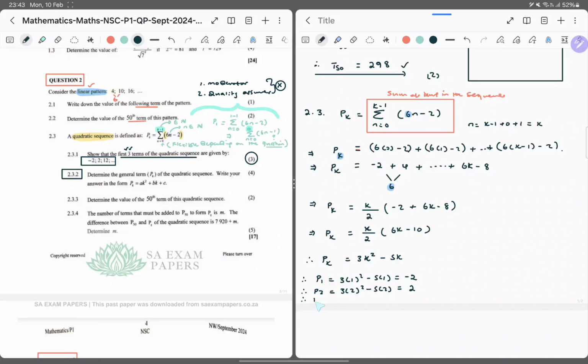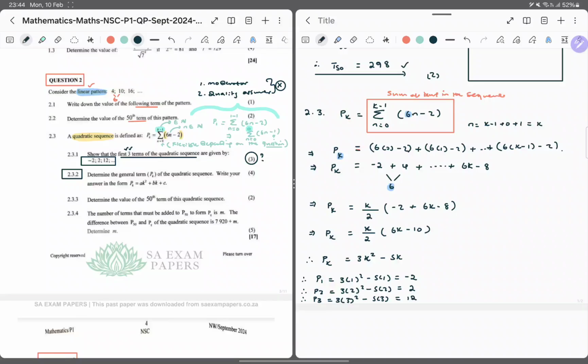And also, therefore, P3 is going to be 3 into 3 squared minus 5 into 3, which is 9 by 3, that's 27, minus 15, that's 12. Okay, so this is the best way for me one can show this. But do you see that this is not 3 marks?